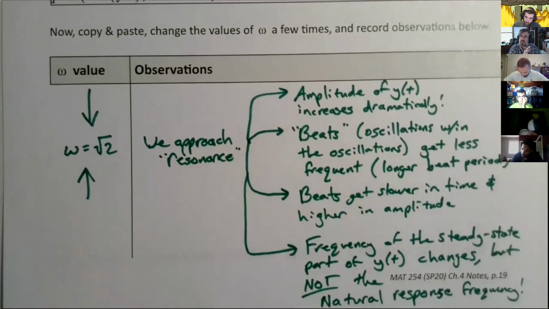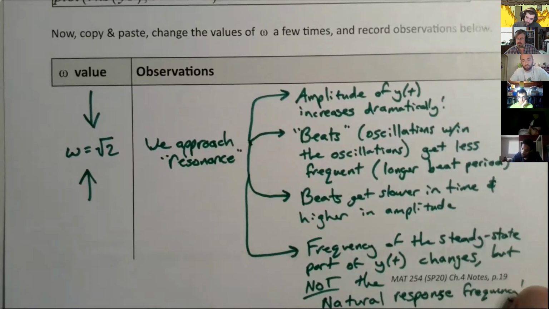You can't tune the natural frequency. It just is. But if you have your forcing function, the other side of the equal sign, and it's periodic and you can tune it just right, then you can basically make it so that your steady state response has a massive amplitude, right?